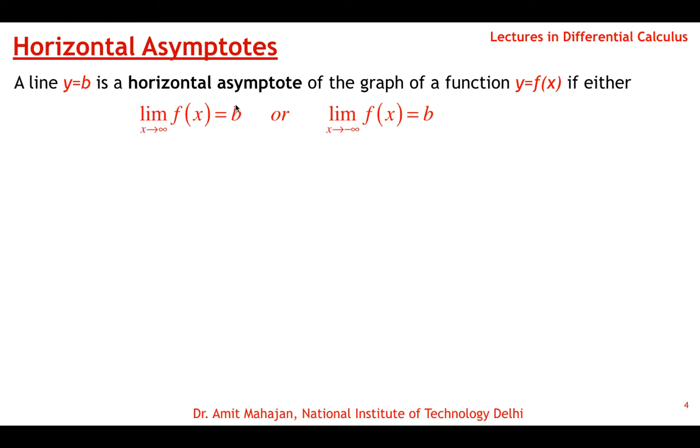If this holds at plus infinity, then y is equal to b is a horizontal asymptote on the plus infinity side, and if this holds at minus infinity, then it is a horizontal asymptote on the minus infinity side. It may happen that both hold, so y is equal to b will be a horizontal asymptote at both ends.